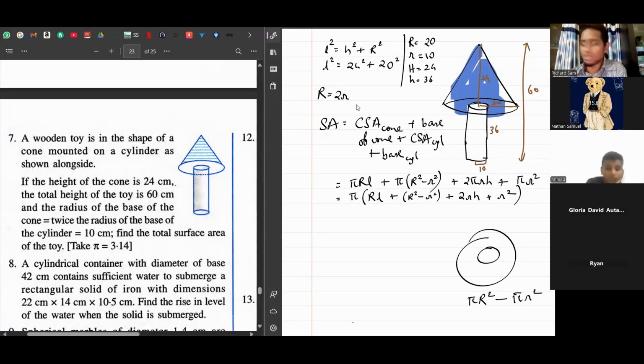That means 2r is equal to 10 centimeters, so capital R is 10 and 2r is equal to 10, which means r is equal to 5. We have to be very careful with the question because sometimes it comes like this. Do you understand or not? So we'll have to change capital R and small r. It's not 20 and 10, it is 10 and 5.